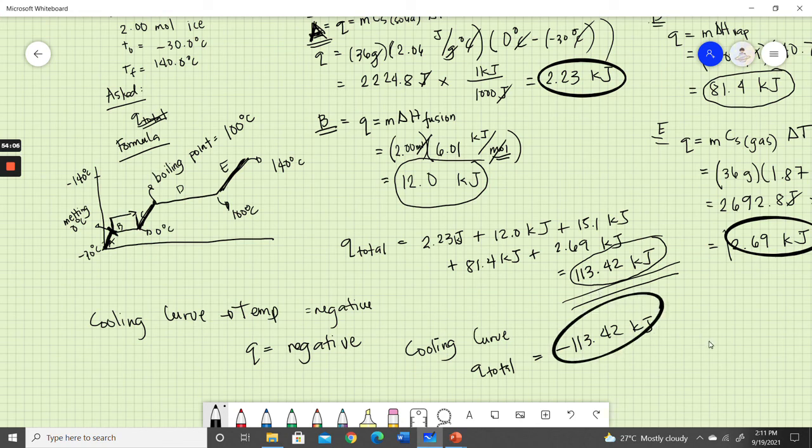So this would be negative 2.3, negative 12, negative 15, negative 81.4, negative 2.69. Add all of them and it is equal to negative 113.42. So that is the heating and cooling curve.